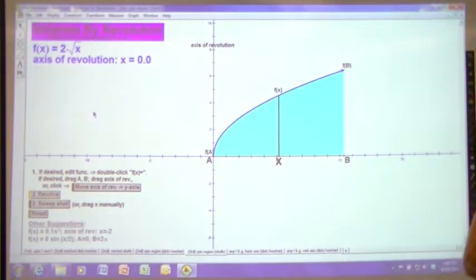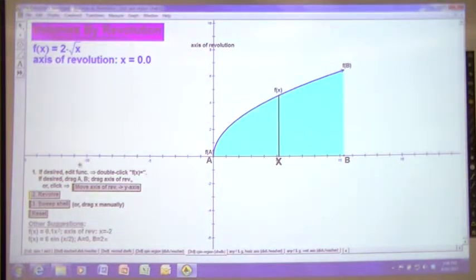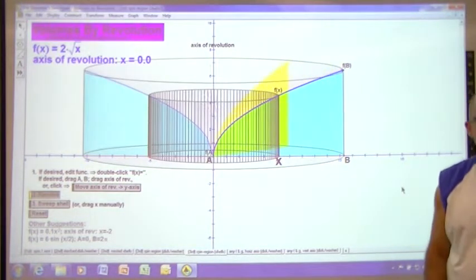Okay, so when we rotate it around the y-axis, it's going to look like this. So we've rotated this thing around the y-axis.